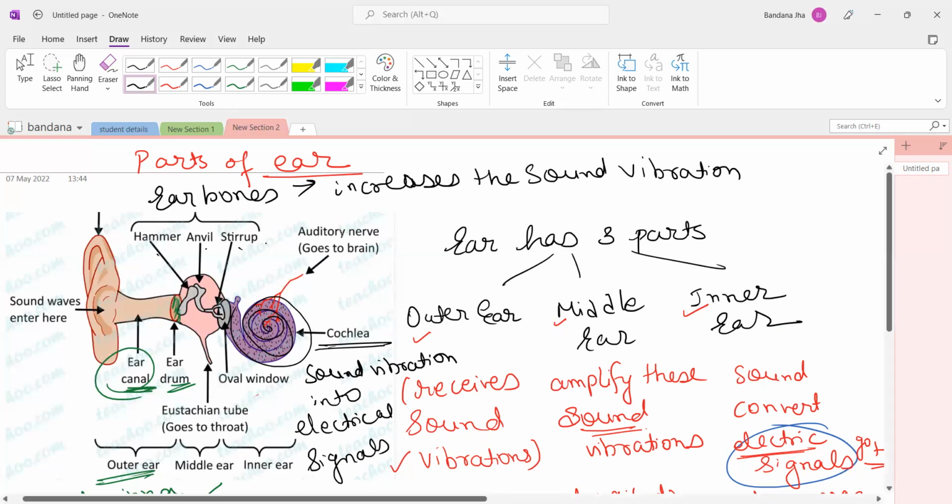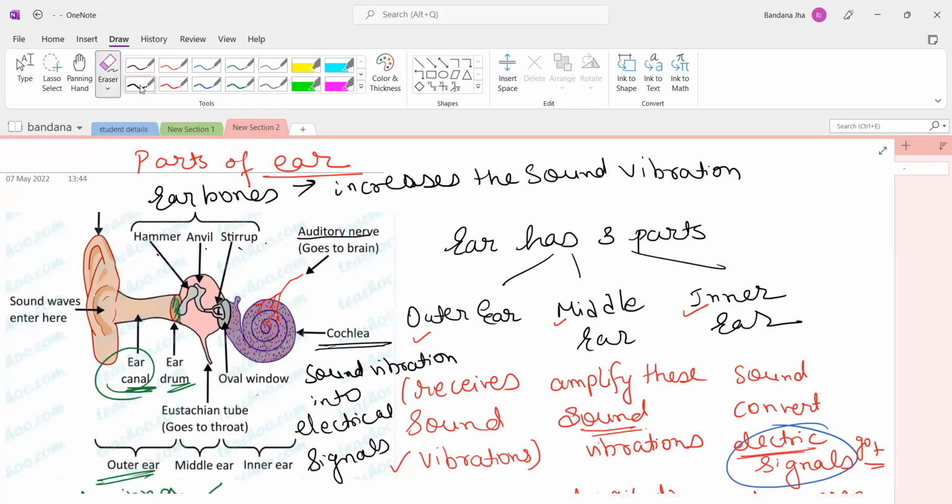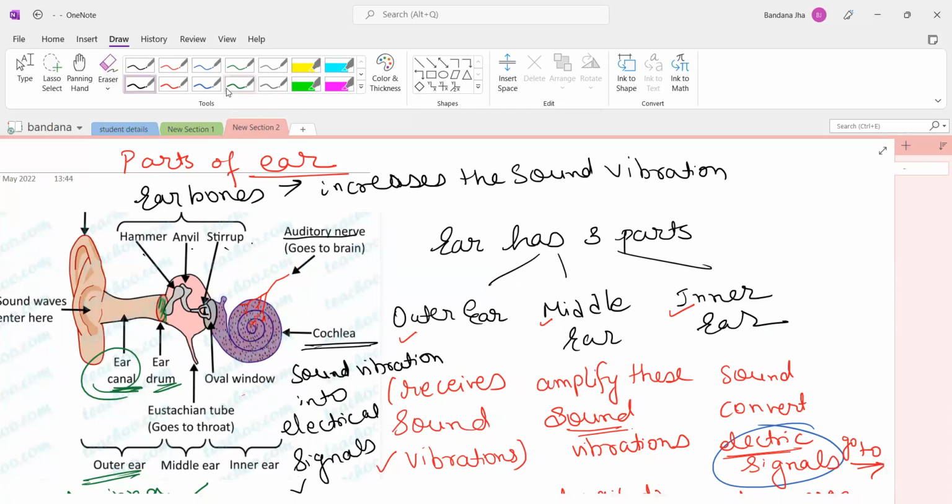Now you can see the auditory nerve is also here, which goes to our brain. After that, the sound is converted into electrical signals. Now it will go to where? To our brain.